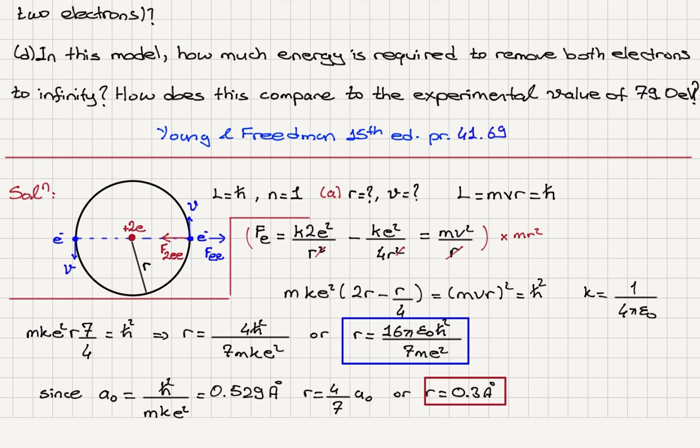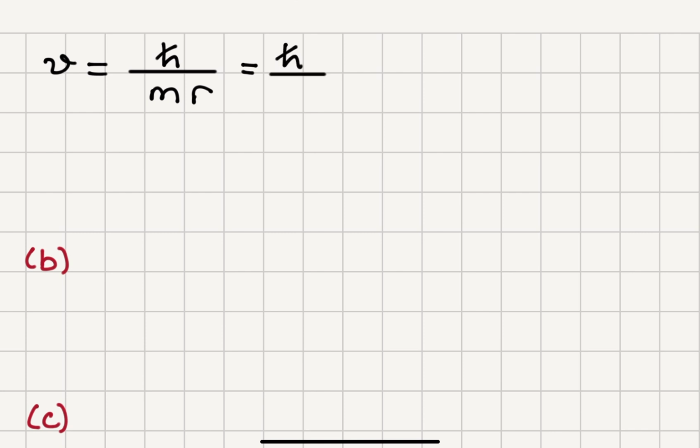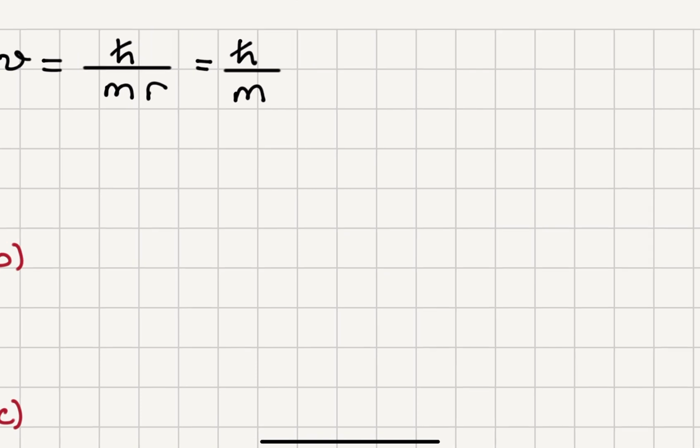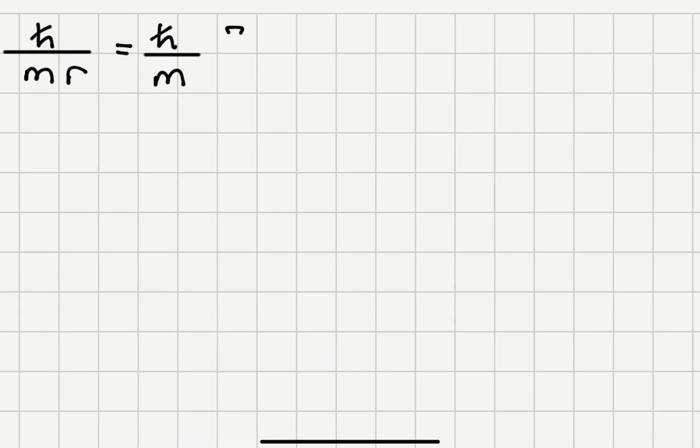Now I'm supposed to find the orbital speed, v, and mvr is equal to h bar. That's the angular momentum. So v is equal to h bar divided by mass times the radius. So that is h bar divided by m times the radius, which is 16 pi epsilon 0 h bar squared over 7 m e squared.